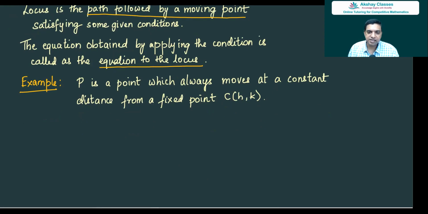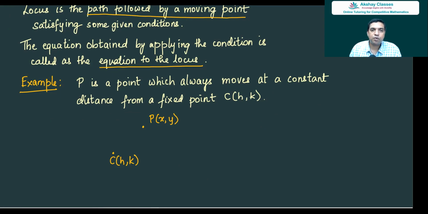So C(h, k) is a fixed point, and P, because it's a moving point, we have to write a general point like this, (x, y).